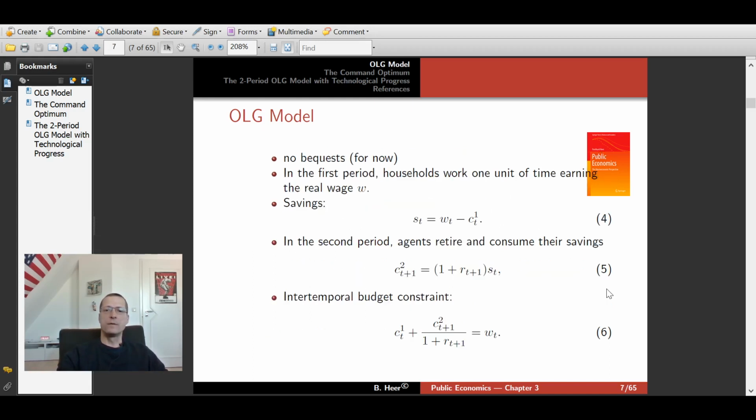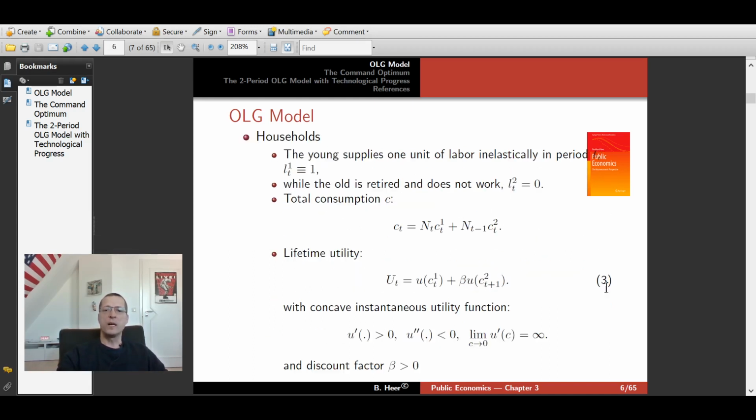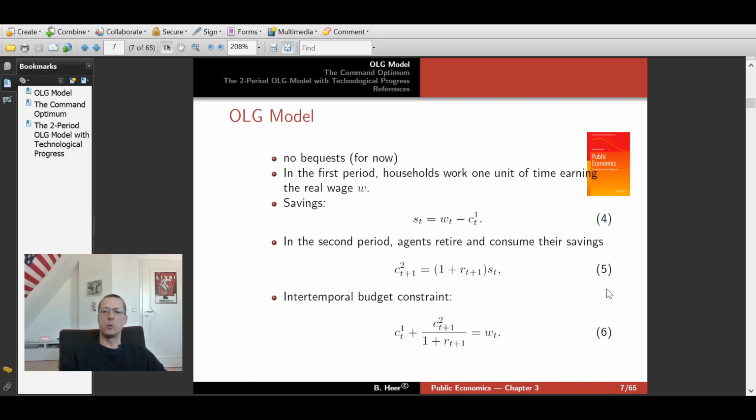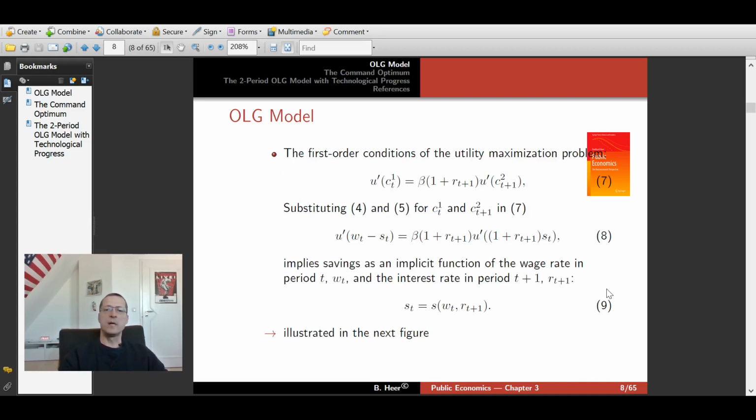And we can derive our first order condition, so maximizing lifetime utility, uppercase U, which is equation 3, subject to our intertemporal budget constraint 6, and we derive the first order condition for this maximization problem, so that marginal utility today is equal to beta times 1 plus R times marginal utility tomorrow, so next period.